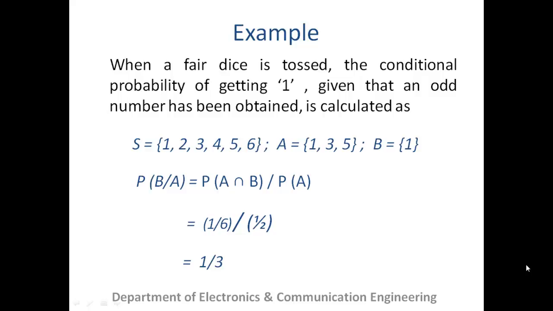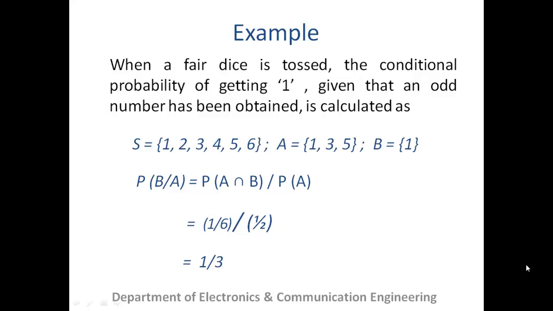The sample space is defined over the range 1 to 6, with the values 1, 2, 3, 4, 5 or 6, and the two sets defined here are B equal to 1 and A equal to 1, 3, 5. That is, B is the event which suggests the occurrence of 1 and A suggests the occurrence of any odd number, which is 1, 3 or 5.